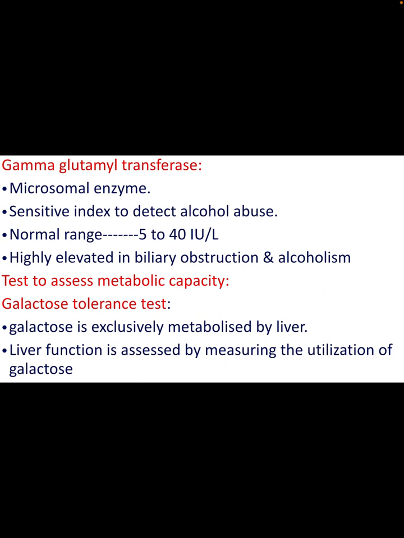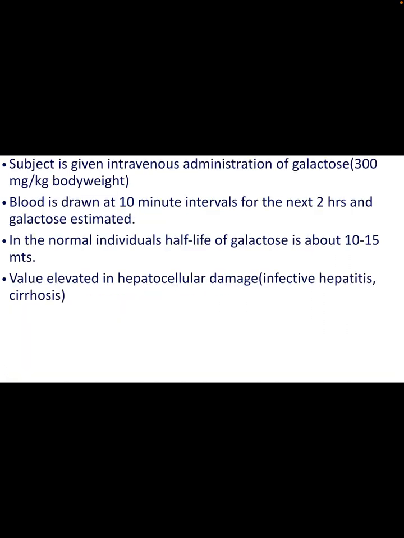Next, tests to assess the metabolic capacity. Among these, the main one is the galactose tolerance test. Galactose is a carbohydrate exclusively metabolized by the liver. Liver function is assessed by measuring the utilization of galactose by the body.